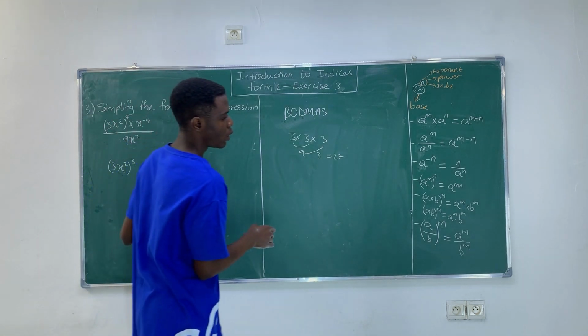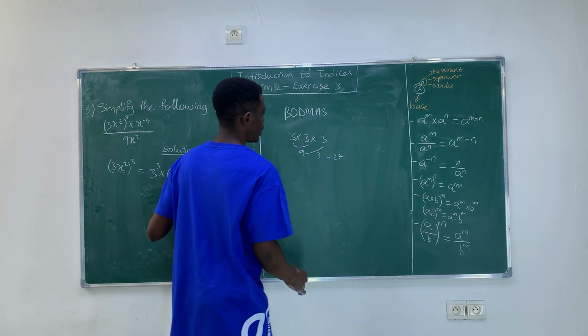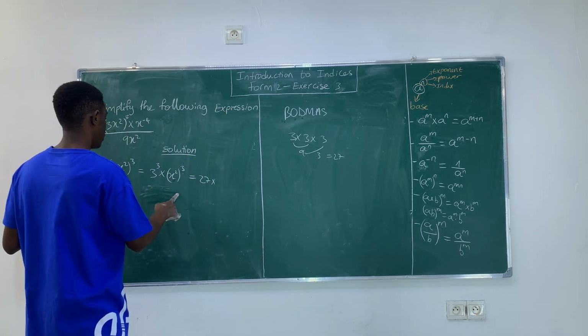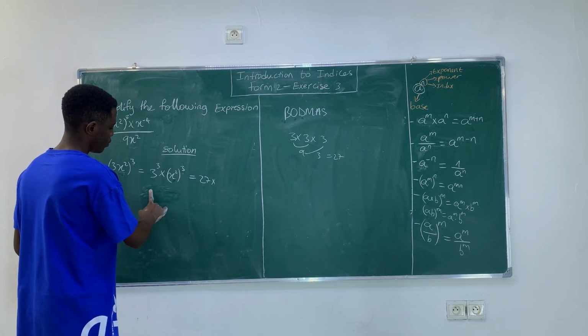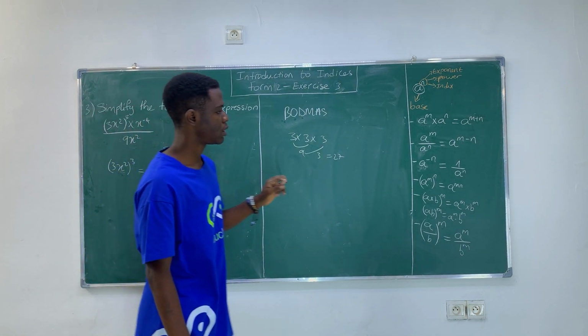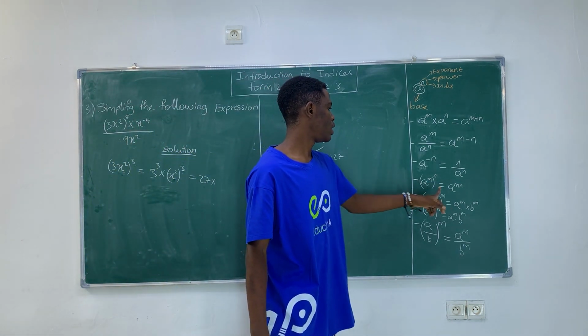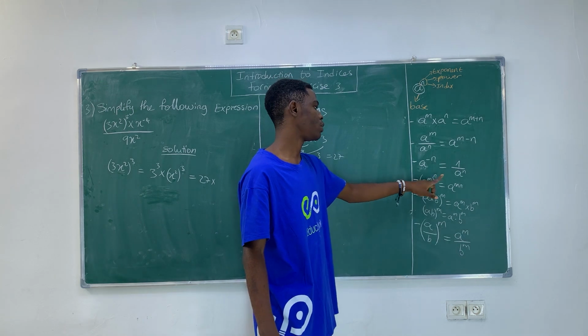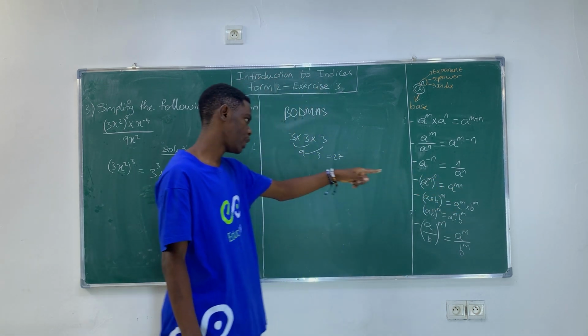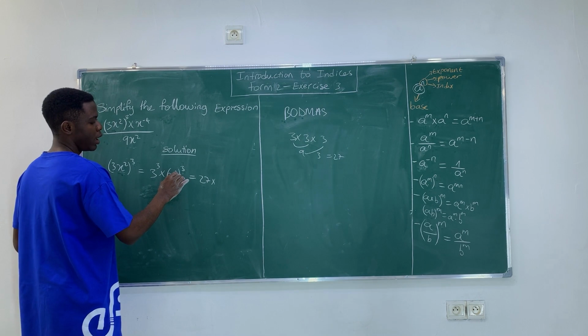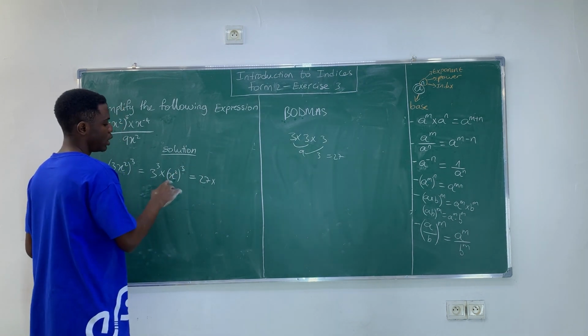Here now we can apply our power of powers law. a to the power m, all to the power n, gives a to the power m times n. So our m is 2, our n is 3, and our a is x.